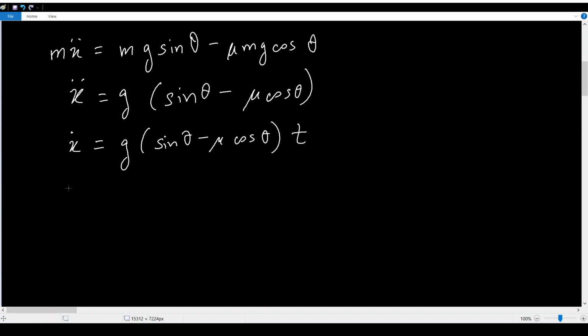And let's call the initial position of the block 0. Then we can integrate further. All of the constant in time stuff comes here, and t becomes t squared divided by 2. So there you have it. You can calculate the position at any given time using this equation.